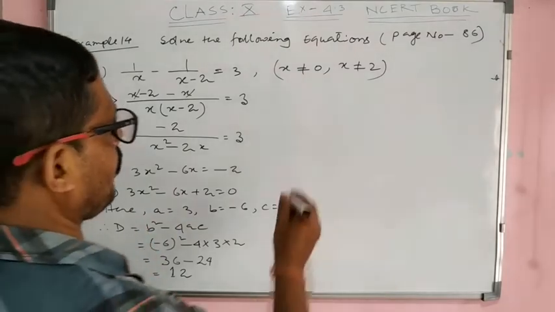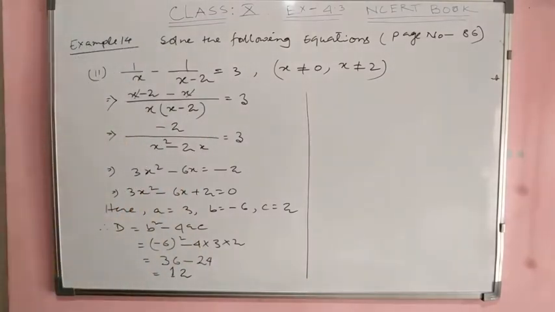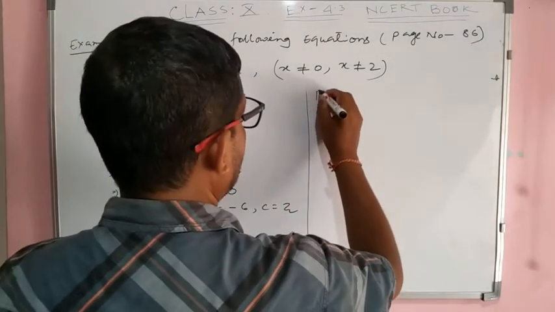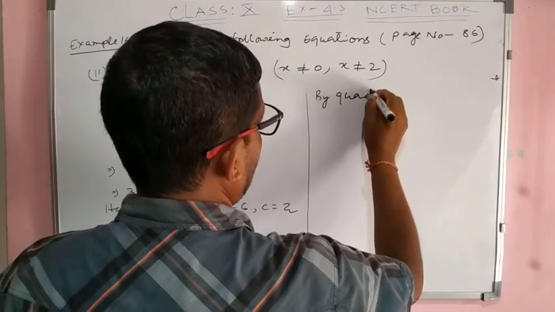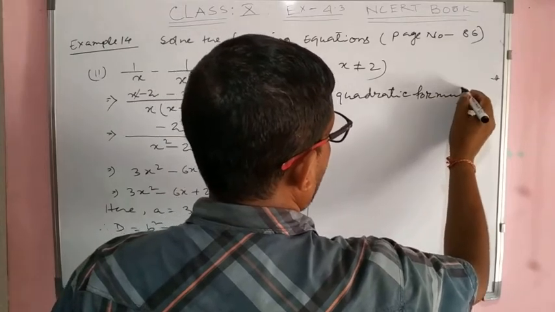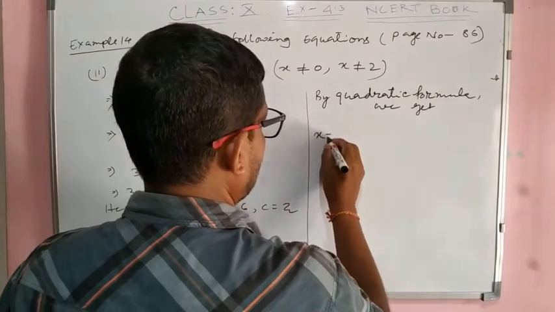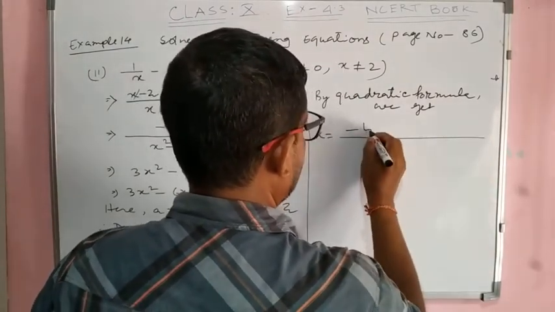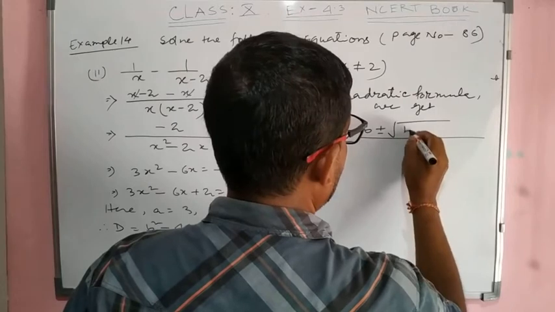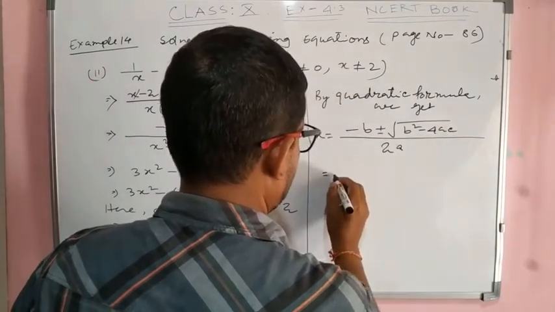So let us apply the quadratic formula, because D is greater than 0, so it will definitely have real roots, but we cannot apply the factorization method here. So by the quadratic formula, we get x equal to minus b plus minus root over b square minus 4ac by twice a.